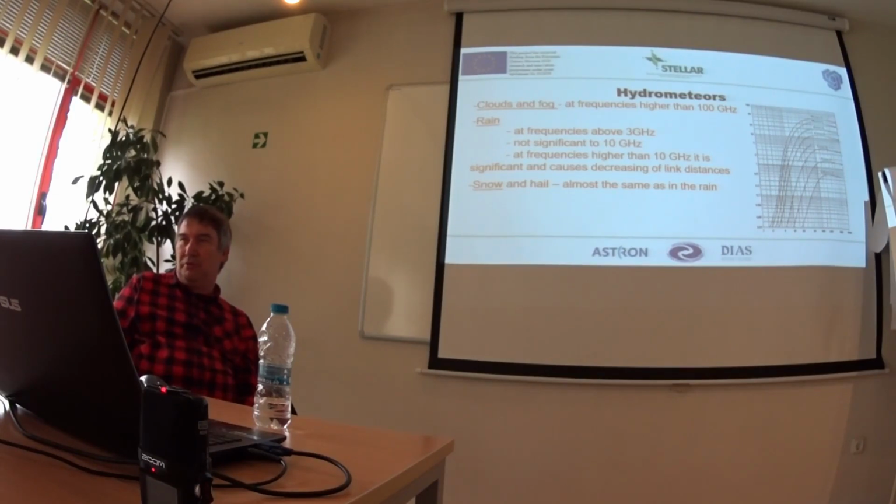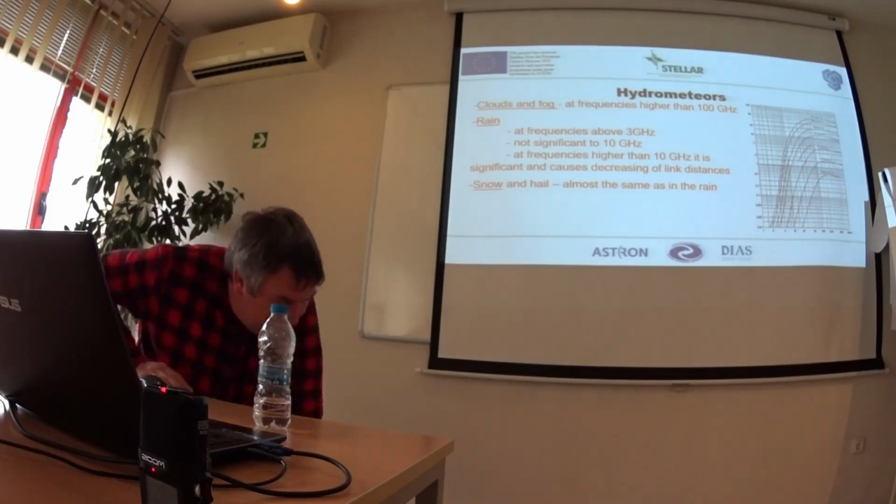It happens not so often as rain, and snow is also not so often as rain. Rain is the main precipitation, so we use rain for calculation of radio links.